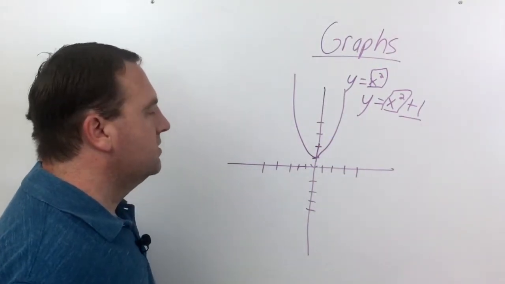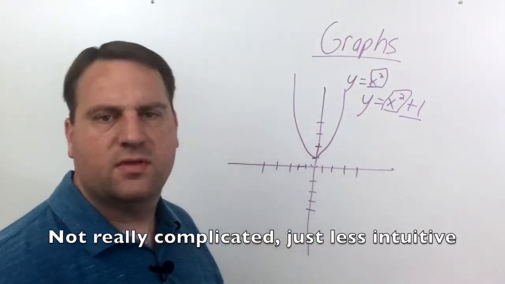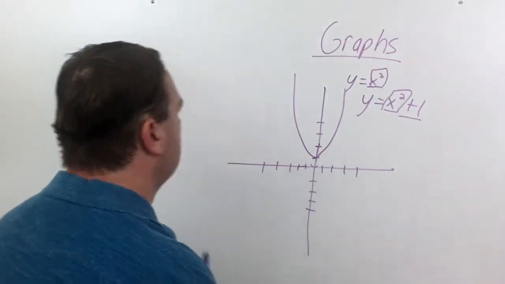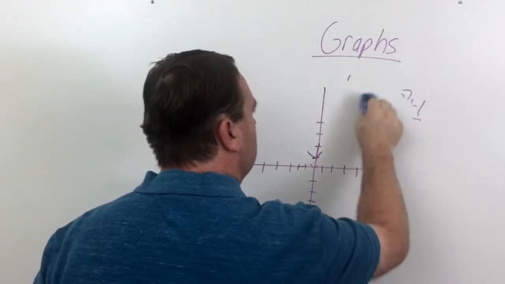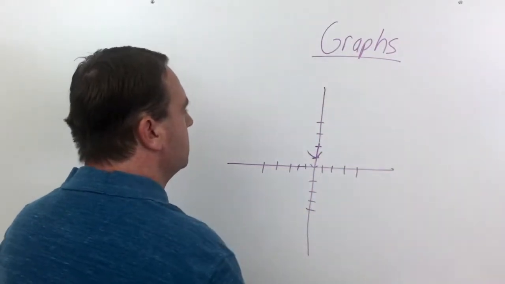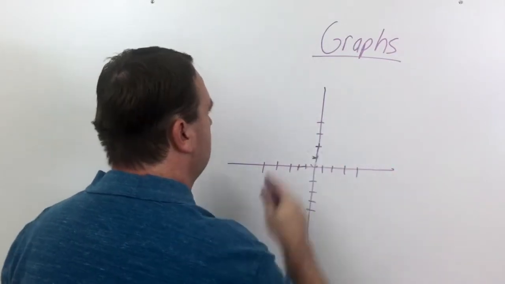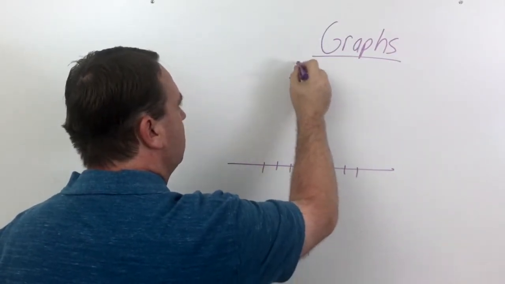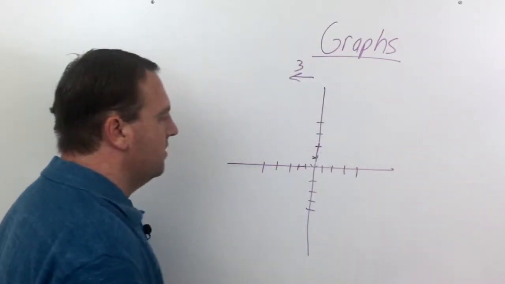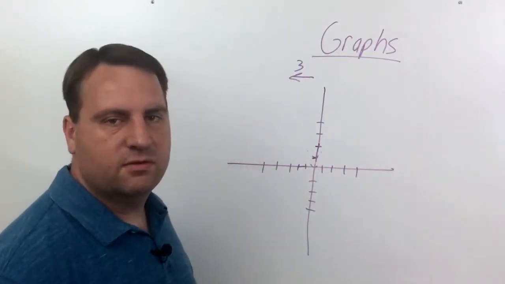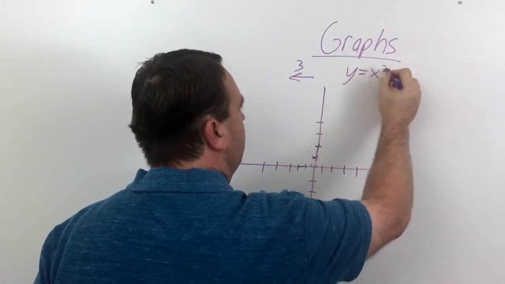Okay. Now it's a little bit more complicated if I want to move it left and right. How would I move it left and right? Well, the way that you move a graph left and right, so let's say I wanted to move it to the left by 3. So that I'm moving it 3 in the negative direction. But my original graph is y equals x squared.